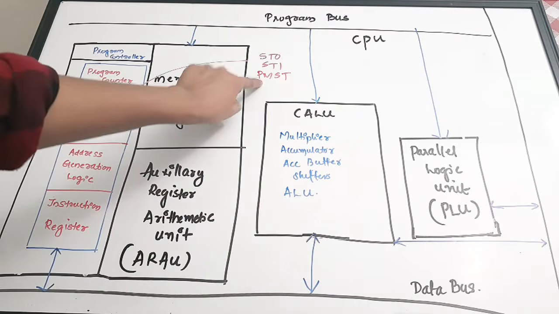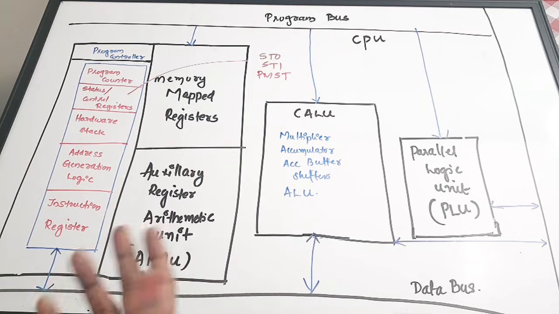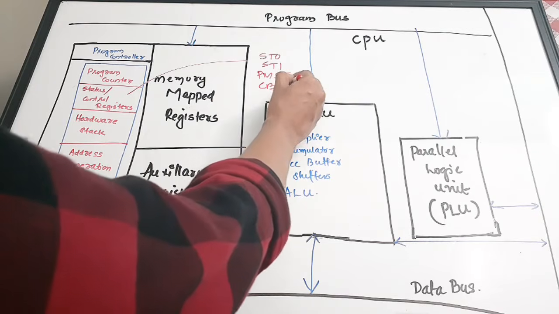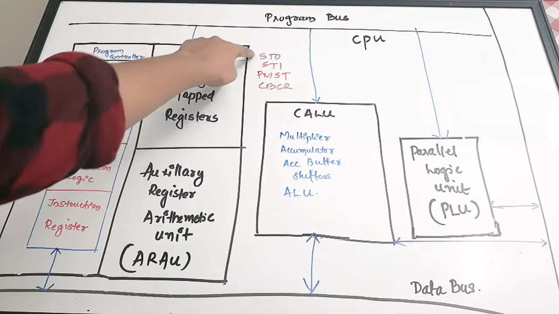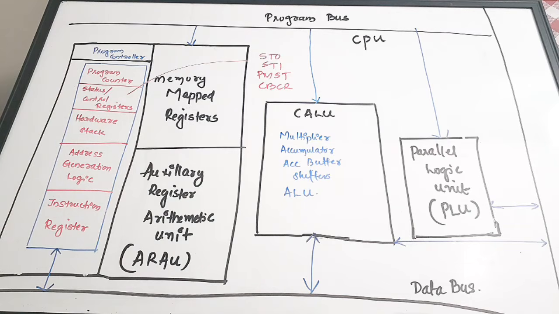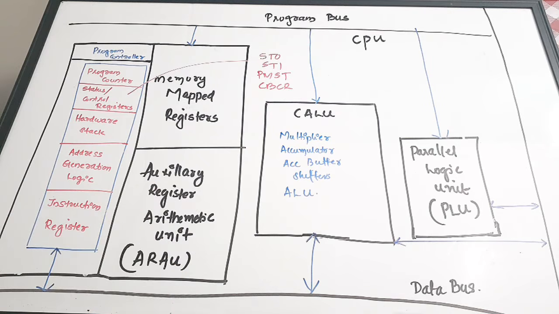Then the next one is CBCR, which means circular buffer control register. So these are the most important status and control registers present in this area: ST0 and ST1, which are simple status registers, the processor mode status register, and the circular buffer control register, CBCR. These are the registers present in the second area.